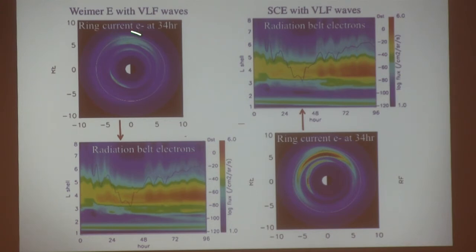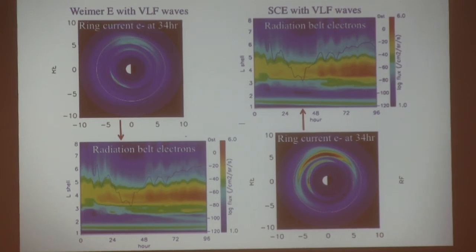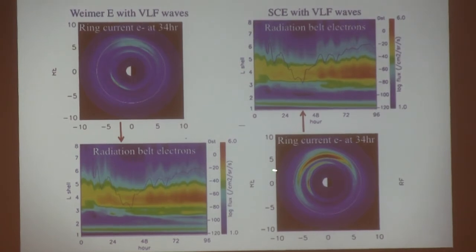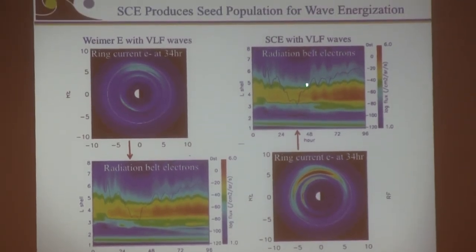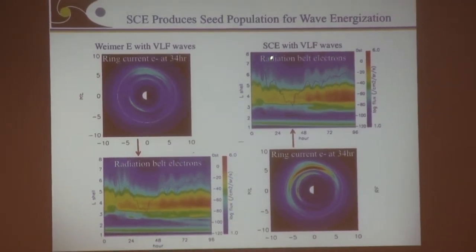This is the ring current electron, in hundreds of keV, near the peak of the storm. This is from the run with the Weimar model, and the same thing. This is the ring current electron near the peak of the storm using the self-consistent field.